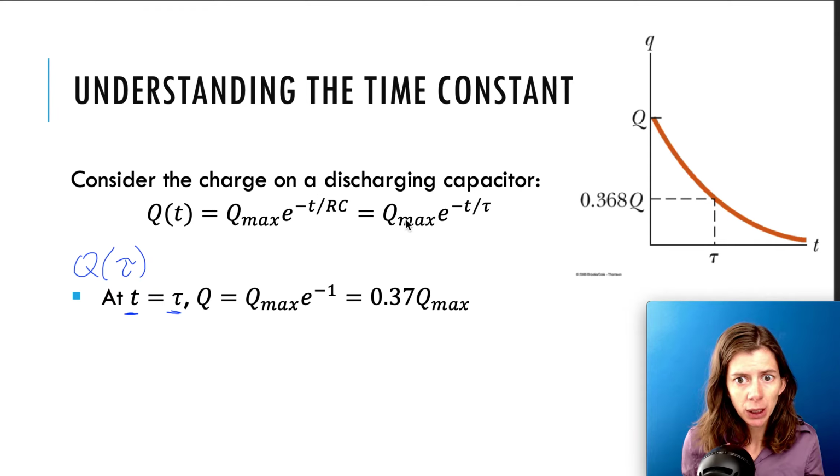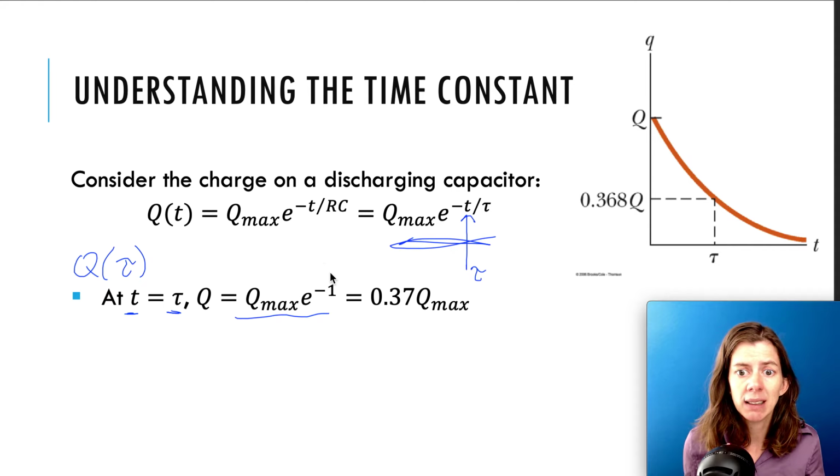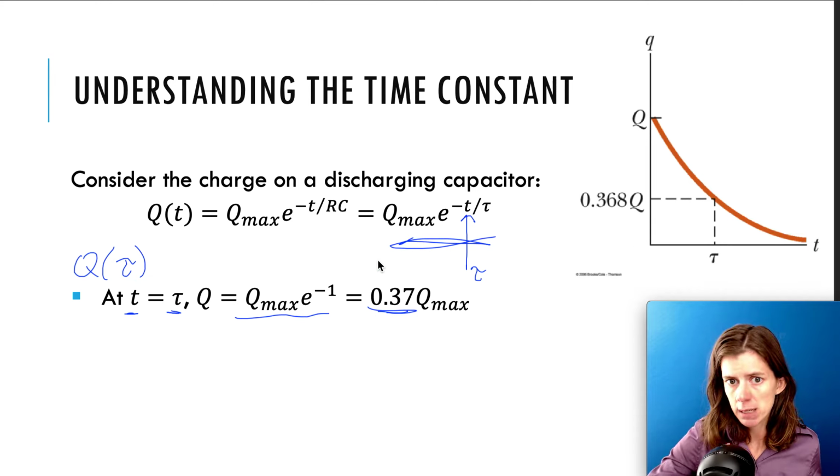What you get when you have e to the negative tau over tau is e to the negative 1. If you plug e to the negative 1 into your calculator, you get 0.368, which rounds to 0.37. So the time constant is a specific amount of time. After that amount of time passes, you're down to this percentage of your maximum charge.